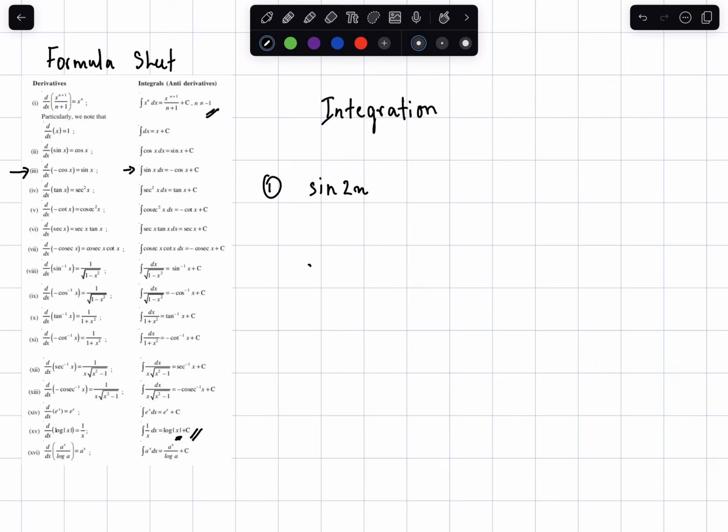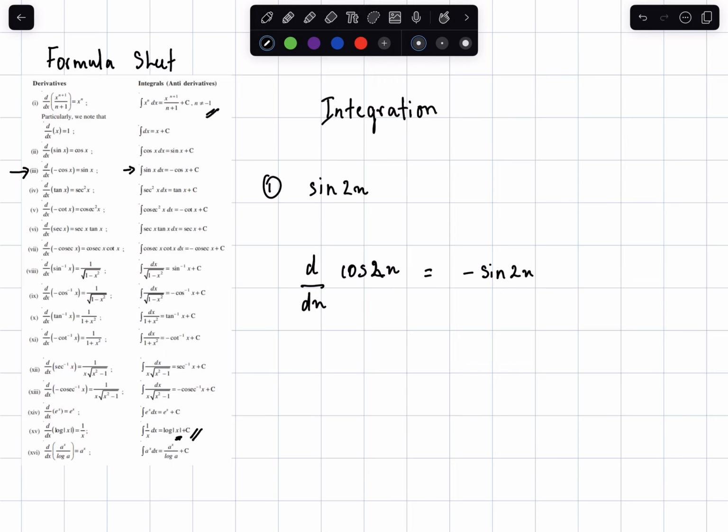Now, differential with respect to x, cos 2x is equal to what? It's very simple. So it is minus sine 2x.